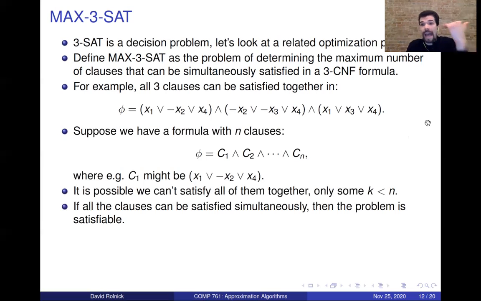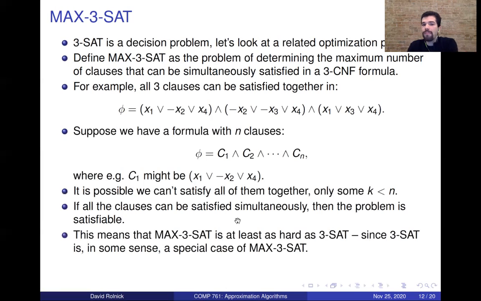Now, if all of the clauses can be satisfied simultaneously, then the problem is satisfiable. And that means basically that max 3SAT is at least as hard as 3SAT. Because 3SAT is basically a special case of max 3SAT, where we can just run max 3SAT and see if we can satisfy all of the clauses.